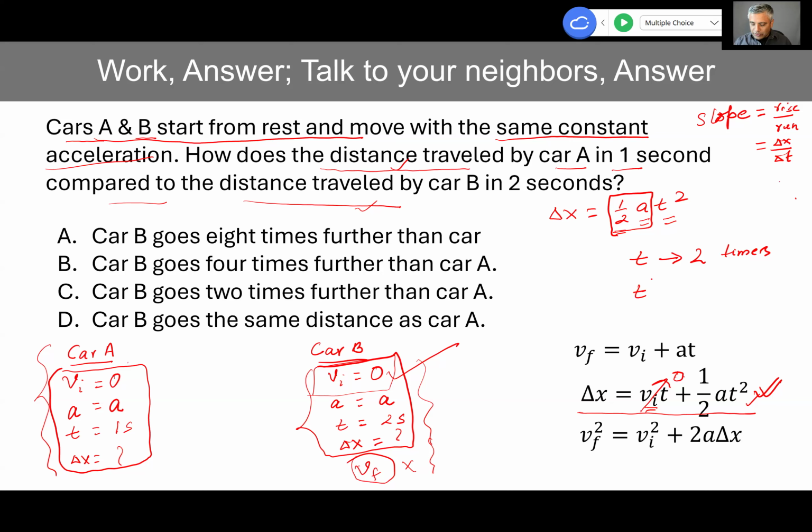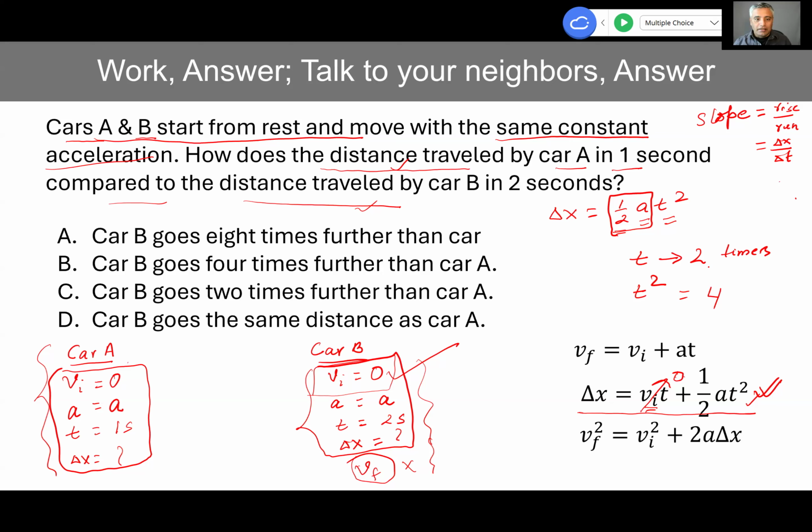Then what happens to the time squared? See, the equation does not have just time, it is time squared. Do you see that? So when time is double, what happens when you square it? It's going to be 4.